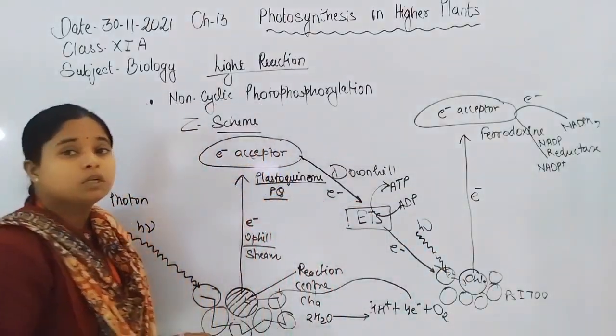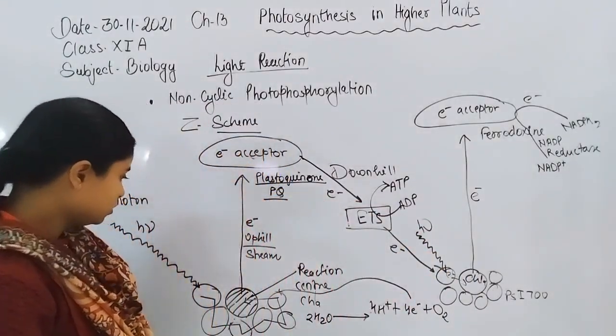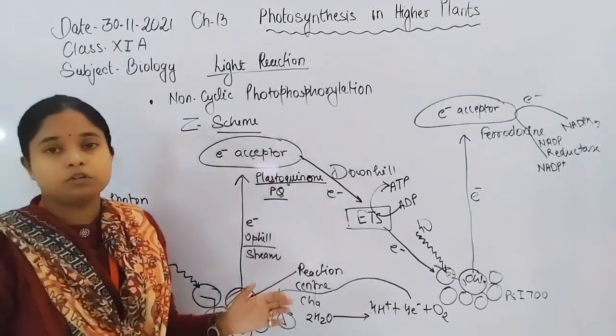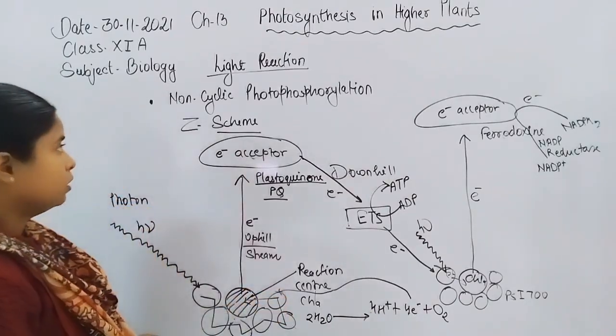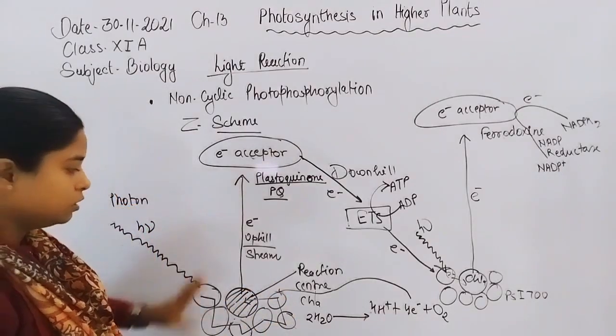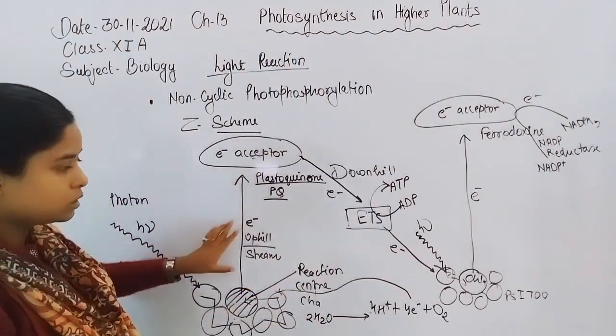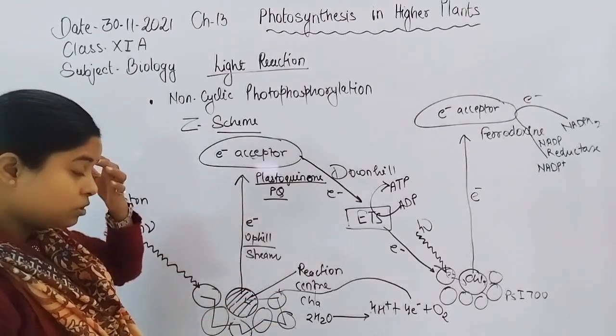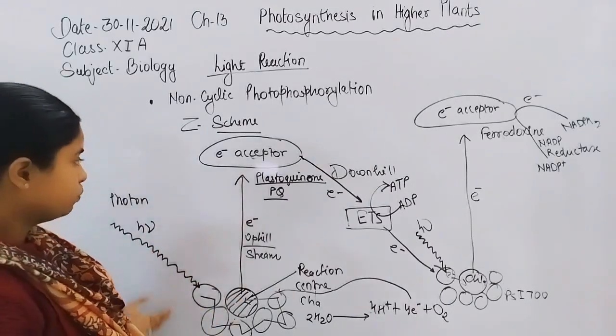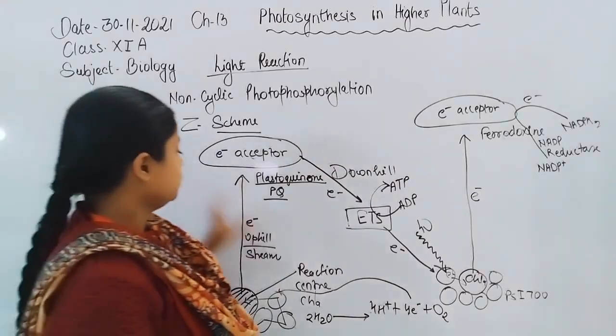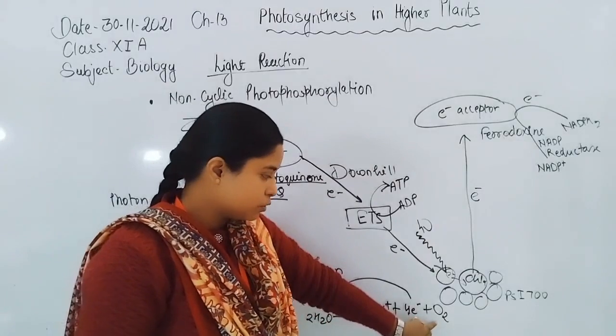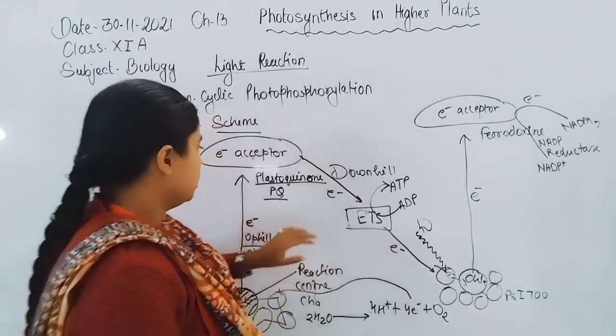If we are going to discuss the products or steps involved in non-cyclic photophosphorylation, first we are going to discuss the products. The first product is oxygen molecule formation.